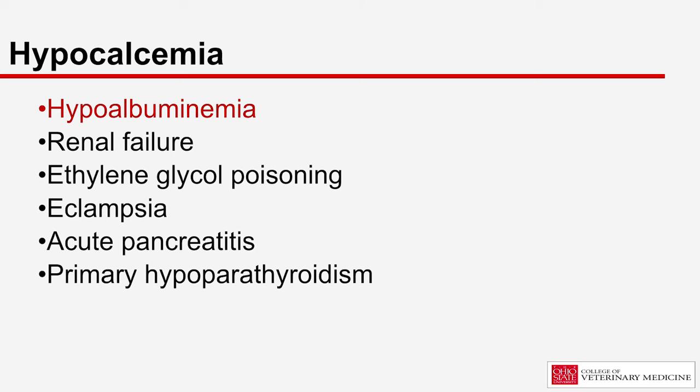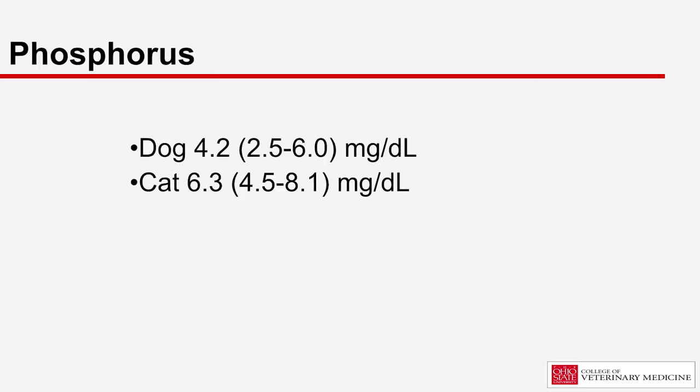Remember, that's complicated. Ethylene glycol poisoning, because of the metabolites that bind calcium and cause hypocalcemia, eclampsia, acute pancreatitis, and primary hypoparathyroidism, where you have not enough PTH, so you are not able to reabsorb enough calcium from the glomerular ultrafiltrate.